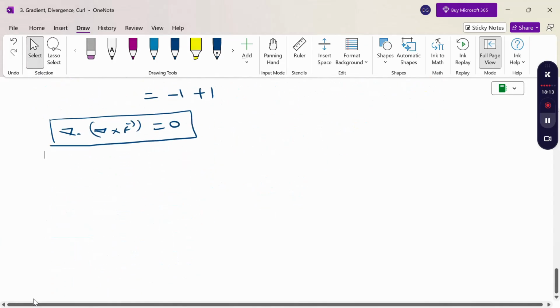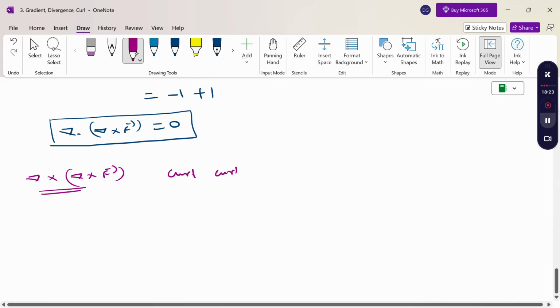And then the next question, del cross f vector. So what does this mean? Curl f vector.